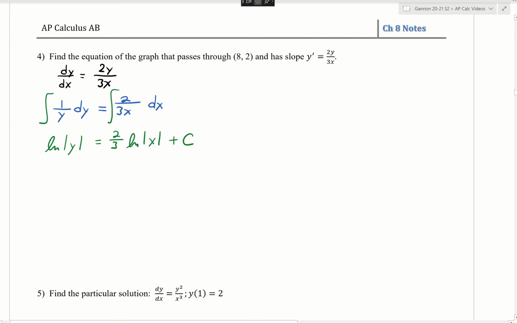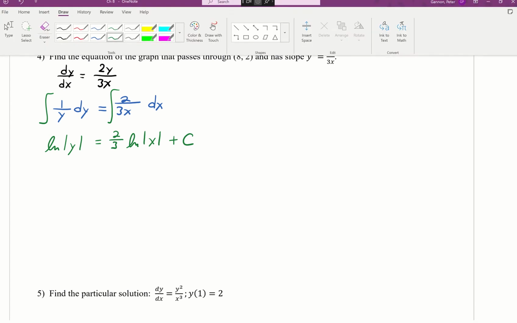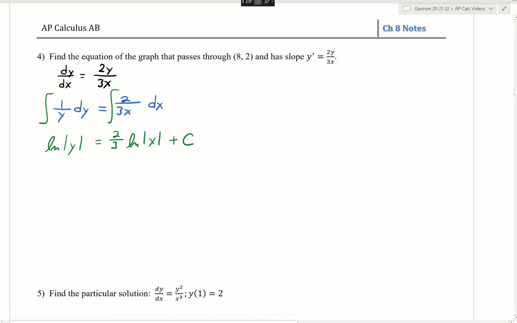So we end up with this situation. And now at that point, we can go ahead and take e of both sides to isolate y. y is going to equal e to the 2/3 ln absolute value of x plus c.